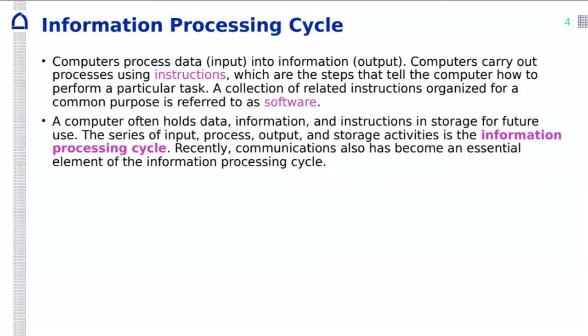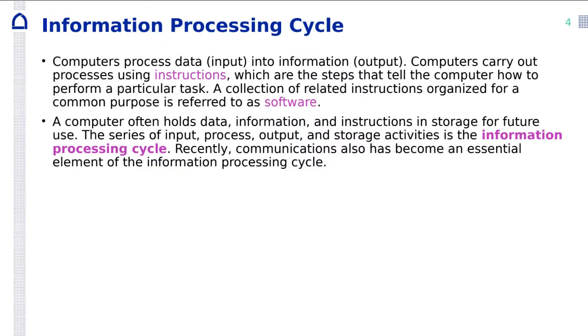And the computer often holds data, information, and instructions in storage. Why? Because the computer will need it in the future, or the user might need it in the future. So this data and information is stored in storage. Now the series of input, process, output, and storage activities is the information processing cycle. Input, process, output, storage.